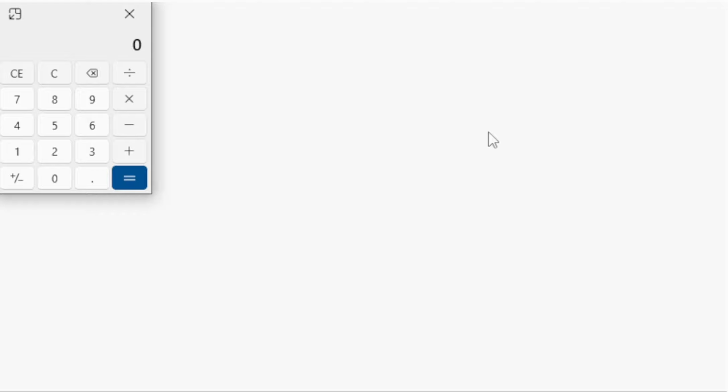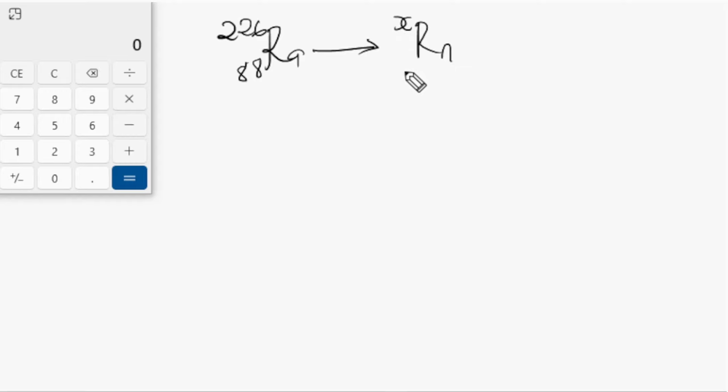So here we have the elements here to give this 86 here, then plus alpha particle.